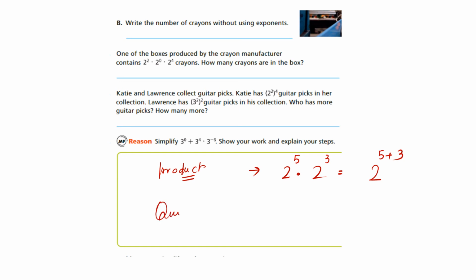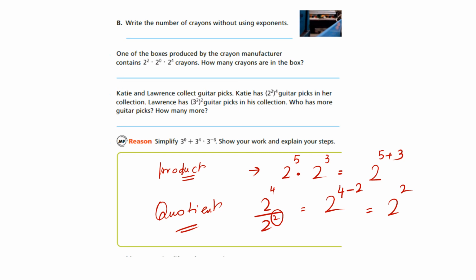Second, we studied the quotient property: if the bases are the same, we write the base one time, write the upper exponent as it is, and change the sign of the lower exponent. So 4 minus 2 gives you 2.